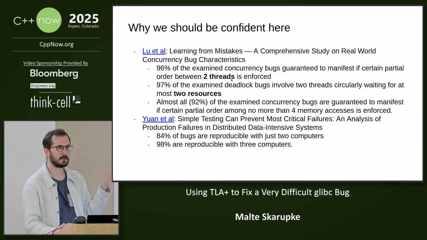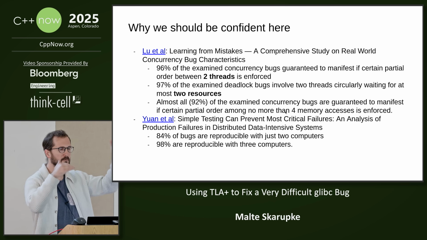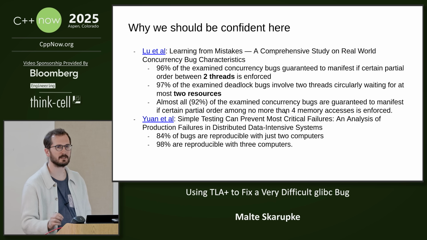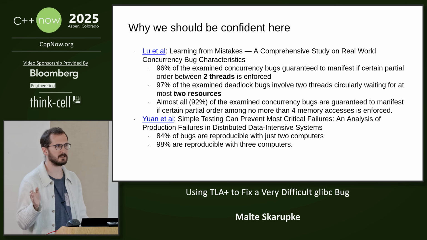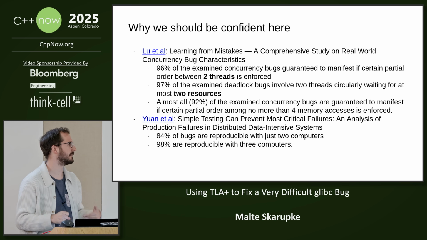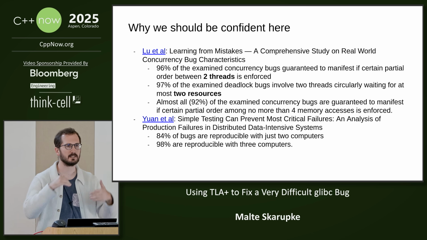In my case, I needed 3 threads, so I'm in the 4%, but you never need more than that. It just doesn't happen. Or 97% of deadlock bugs involve just 2 resources, which makes total sense. Almost 92% of bugs, you control 4 memory accesses and you have the bug reproduced. And TLA Plus essentially is the engine that does this. It explores all the interleavings and controls the interleavings.